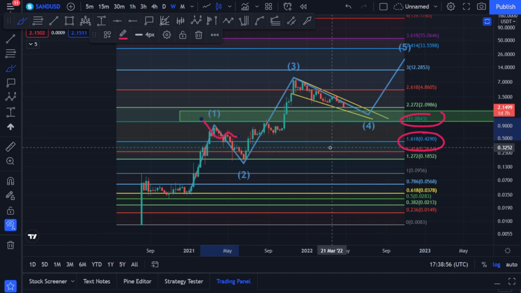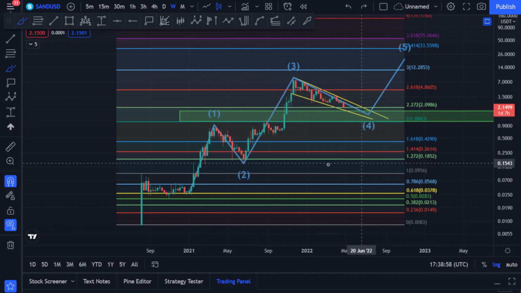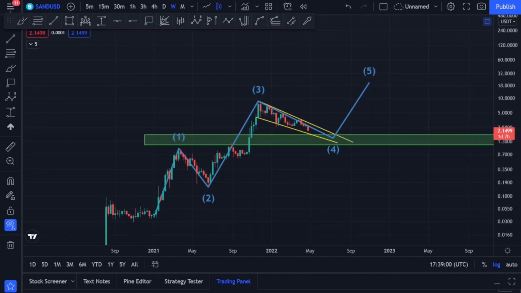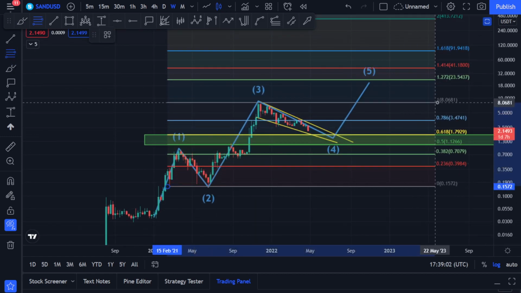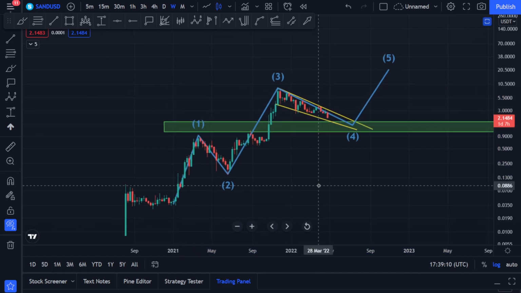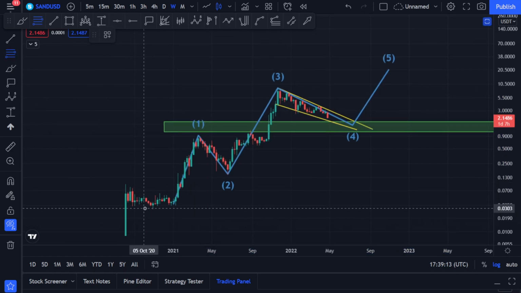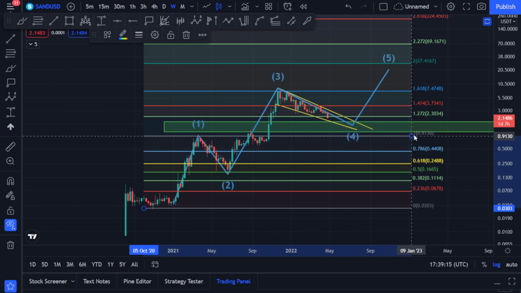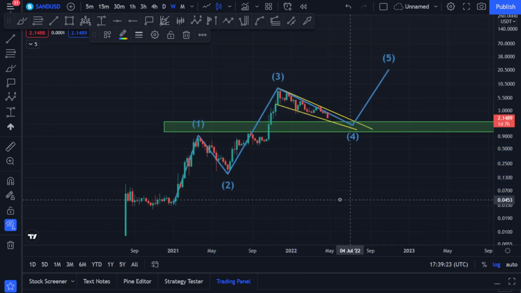And then it fell back to the 0.5 level, and then the second wave went and hit, sorry, the second wave went and hit the 1.618 level. This third wave in my viewpoint. Third wave. So the first wave is hitting here.